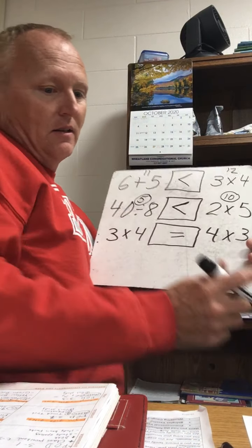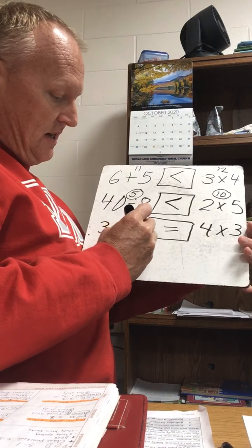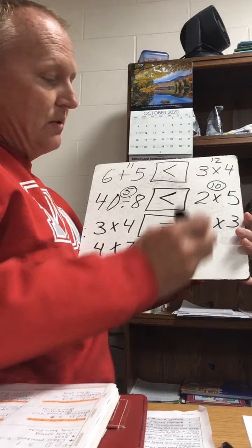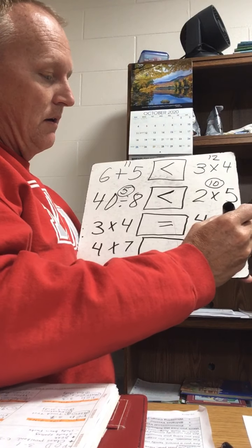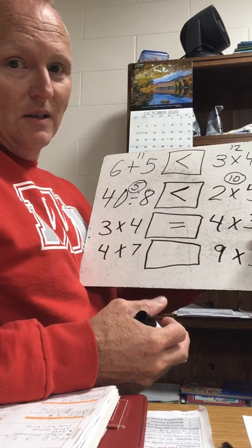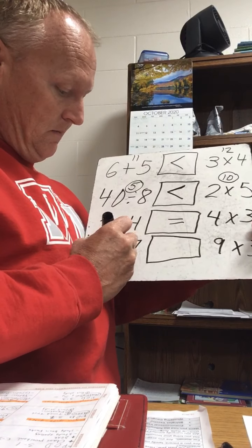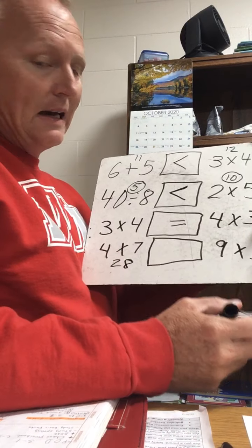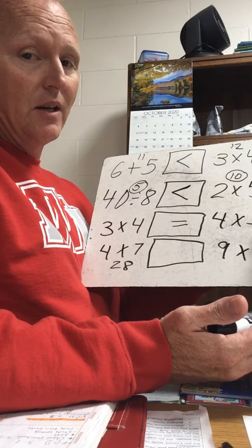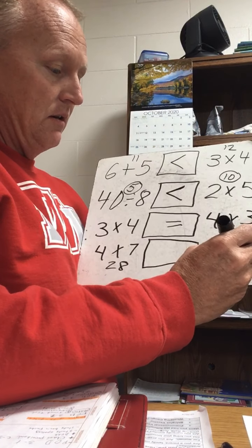All right, let's try this one. 4 times 7, and we're going to compare that to 9 times 3. Okay, 4 times 7, especially if you play football at recess or watch a lot of football, you probably already know that that's 28. Okay, 9 times 3, if you don't know it, you can use a picture, you can draw an array, you could do repeated addition, but hopefully you know it by now. That's 27.